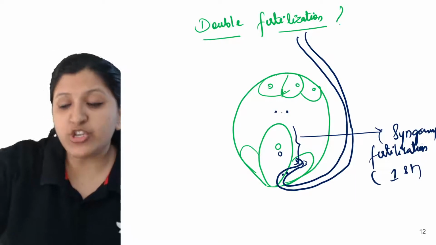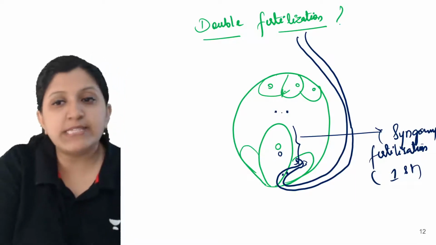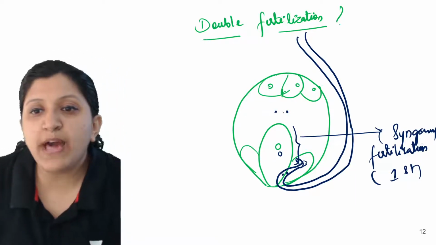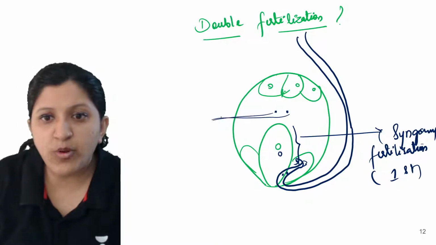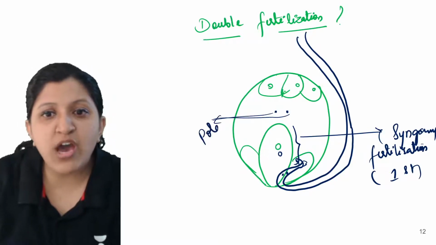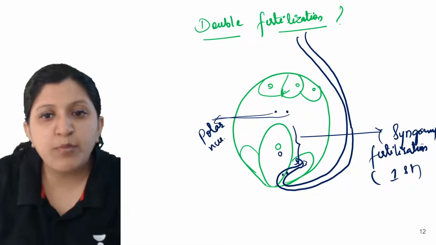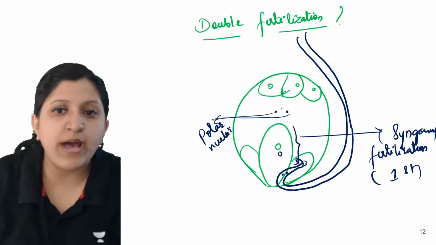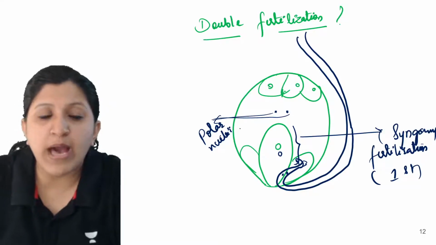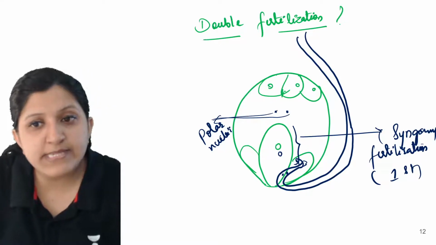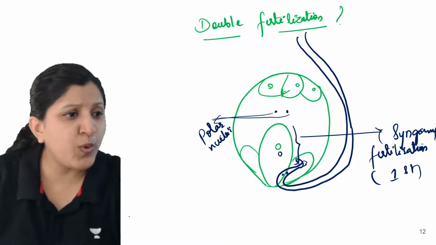Okay, so now the other one is, you can see here, these are polar nuclei. Okay, so these two are actually polar nuclei which are coming from both the poles. That means they are coming from the polar ends, and hence the name polar nuclei.